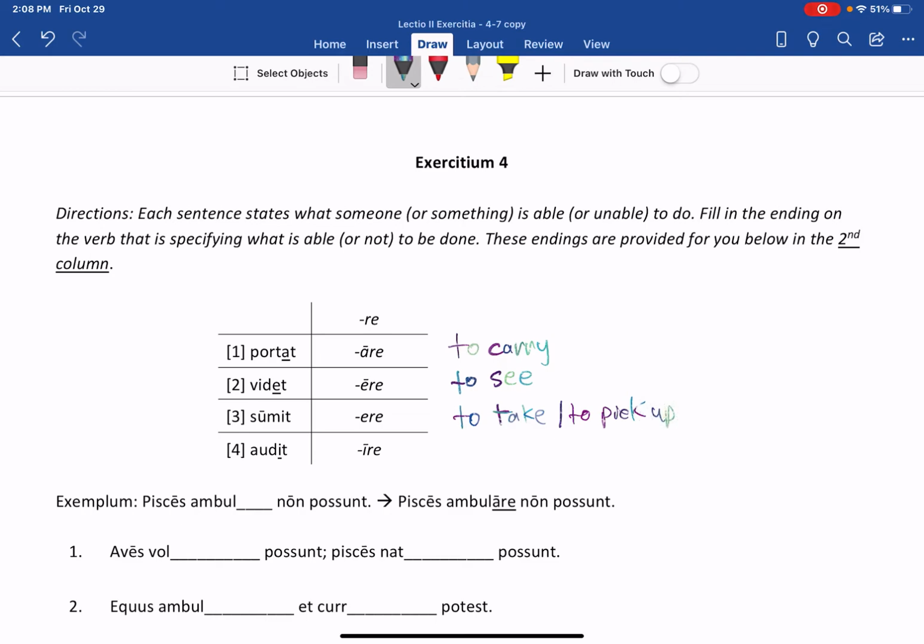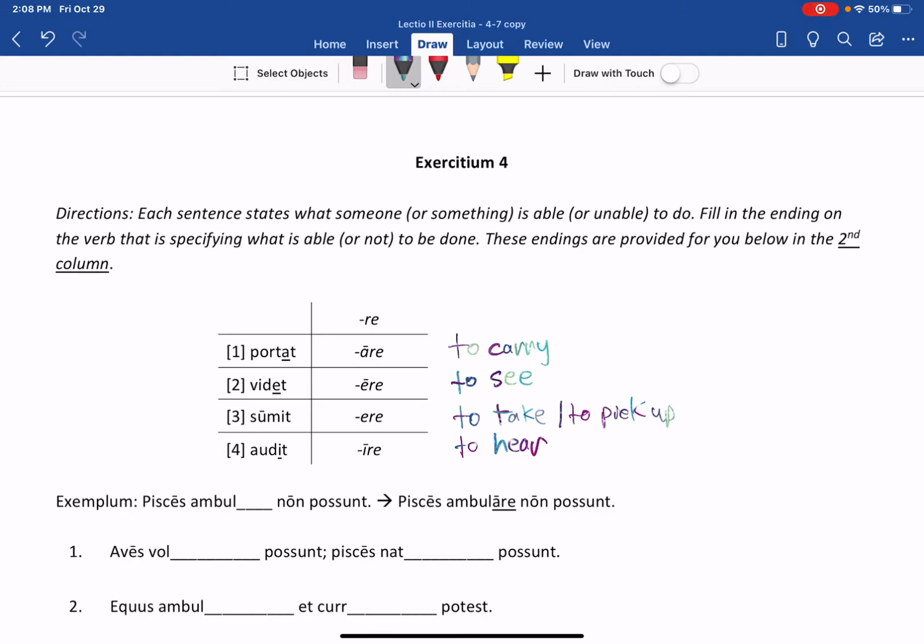Audit becomes audire in its infinitive, and it means to hear. So these are all active infinitives. We saw in class on Friday the passive infinitives, where we changed the E to an I, and we'll see those in the next exercise. But in this exercise, we're only using the active infinitives.